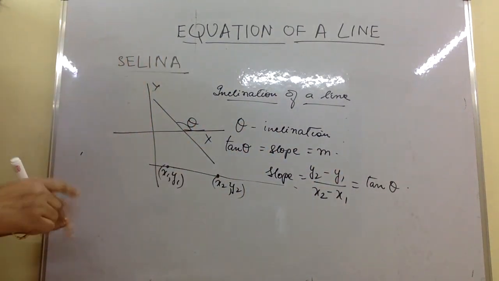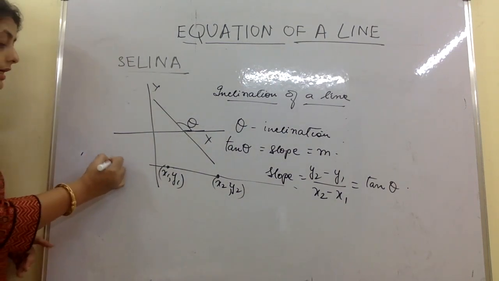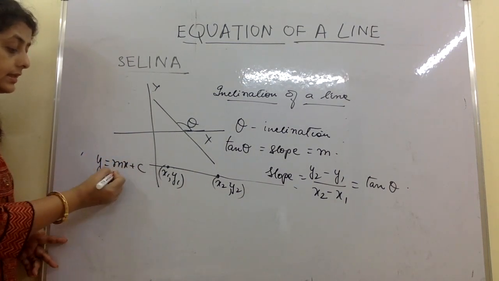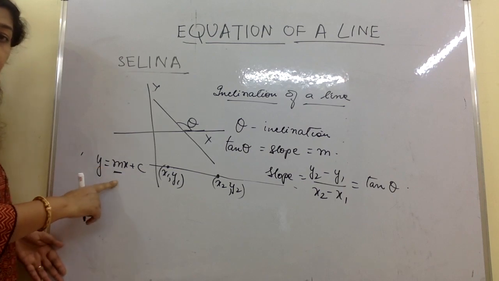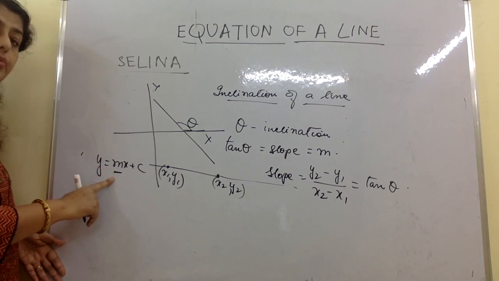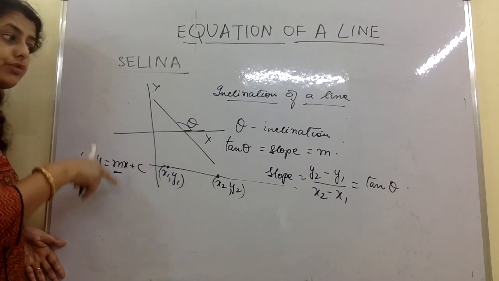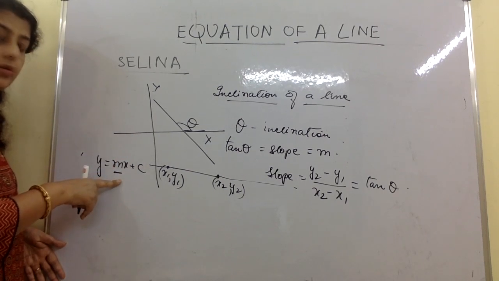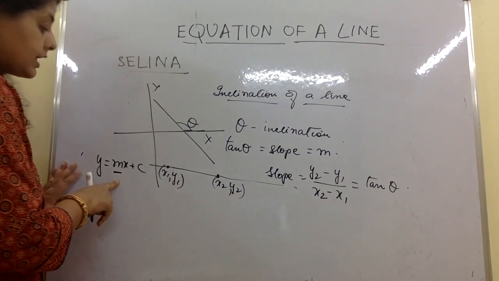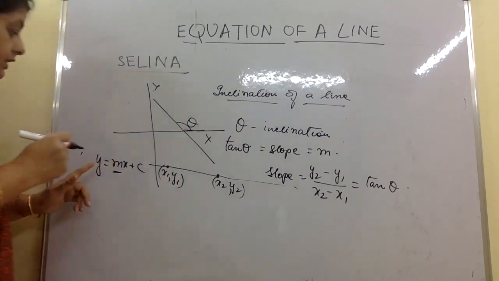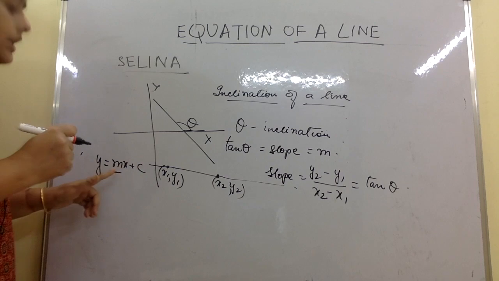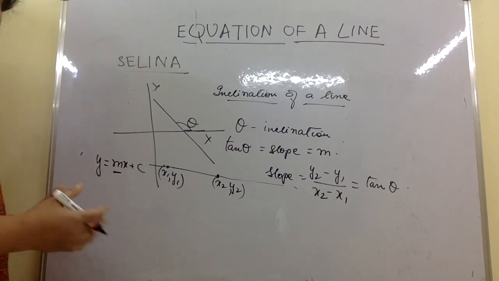So when you had y is equal to mx plus c, this m was the slope here. So here it is actually tan theta, which we write with the help of m. So m is our tan theta, that is our slope.